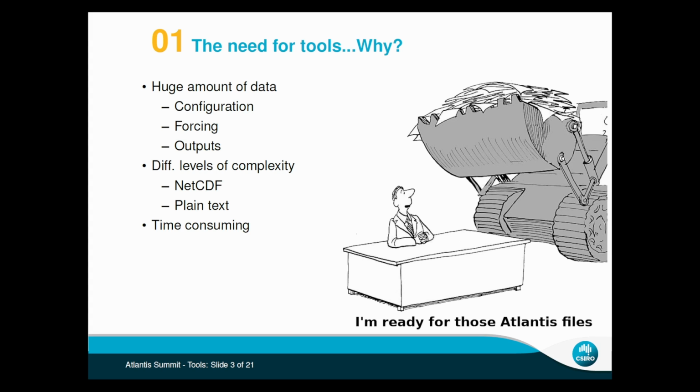Working with those data is time consuming. Time consuming in terms of building your own code to deal with them, to read them, but also one of the issues with these big data is that it is very easy to make mistakes, not only for reading them, but also to build new information in the case of the configuration files.